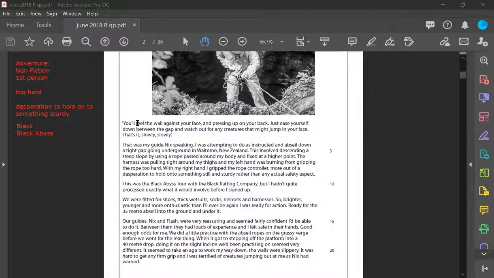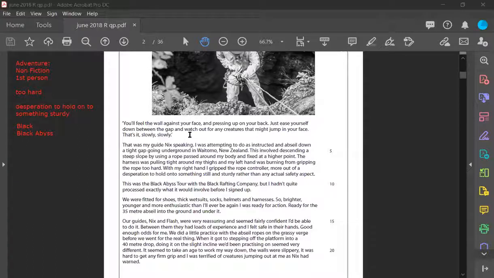So immediately a feeling of being stuck somewhere, a claustrophobic feeling, is created with these two sentences. And then "just ease yourself down between the gap." Then a somewhat reassuring sentence, "ease yourself down between the gap."